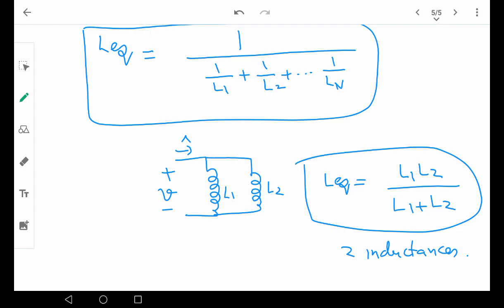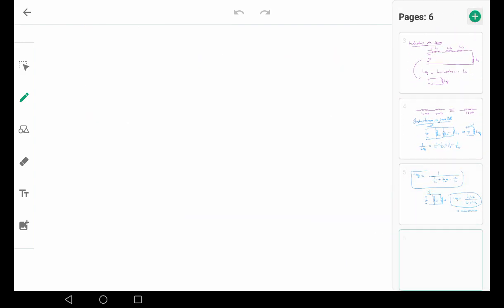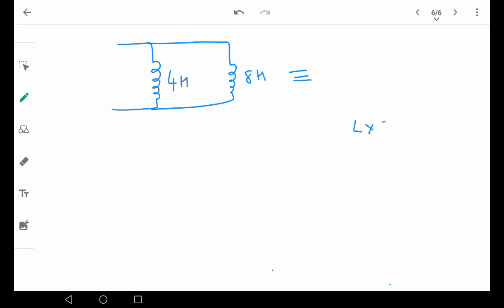Okay, and we will do a simple problem. So you have an inductance here that is maybe 4 Henry and maybe another inductance here that is 8 Henry. Okay, so it is equivalent to 4 into 8 divided by 4 plus 8, right?